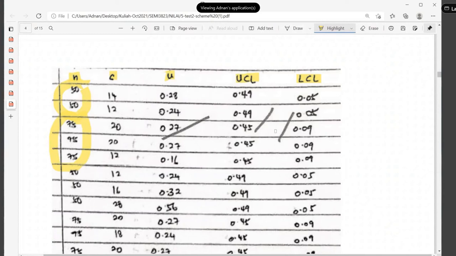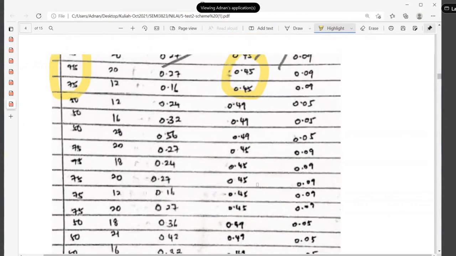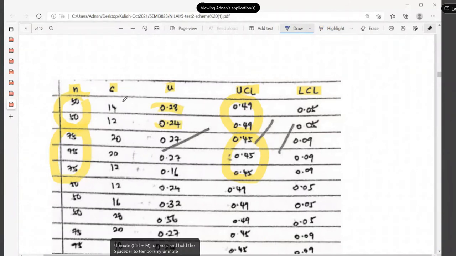You see here, the number here is for 75, number here is for n equal to 50. So the repeating, the only thing that you need to calculate individually is this one, which is 14 divided by 50.